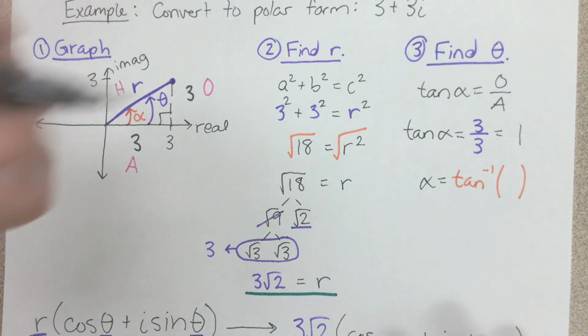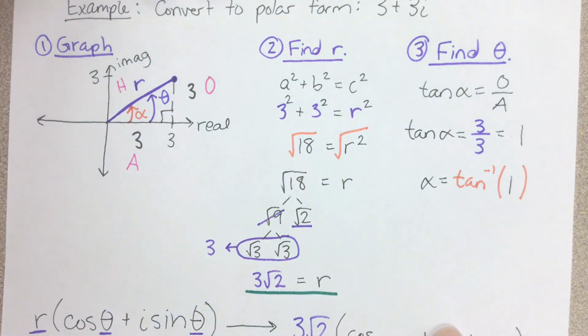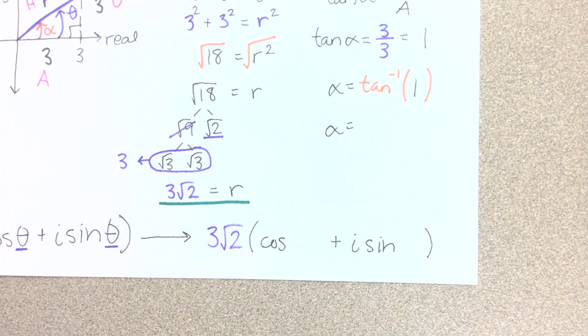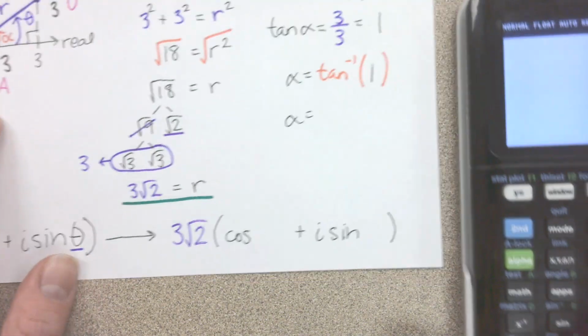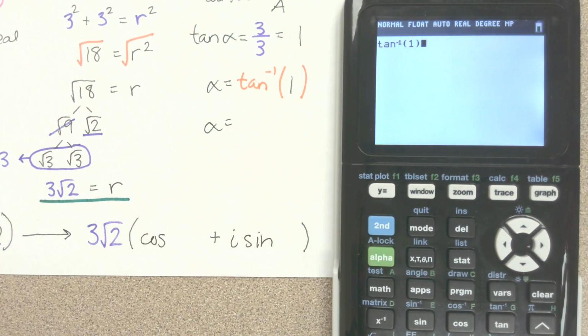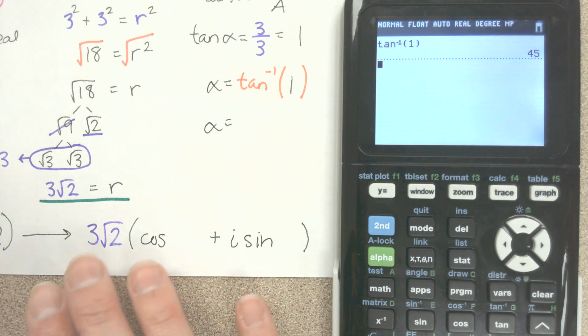So inverse tangent of 1. And then we can use the calculator to get that answer. And yes, alpha is 45 degrees.